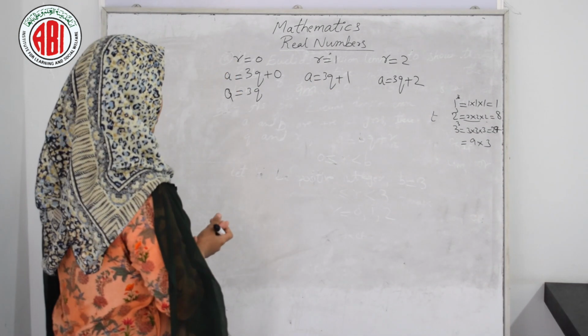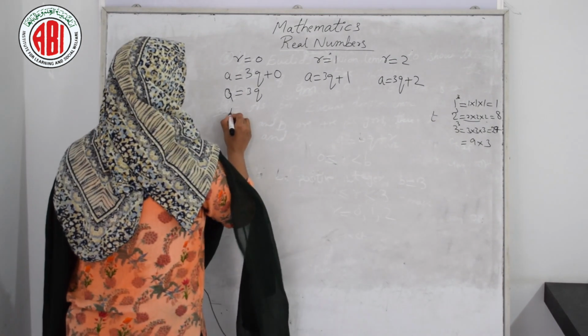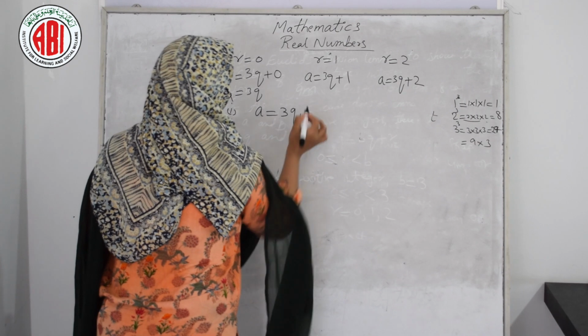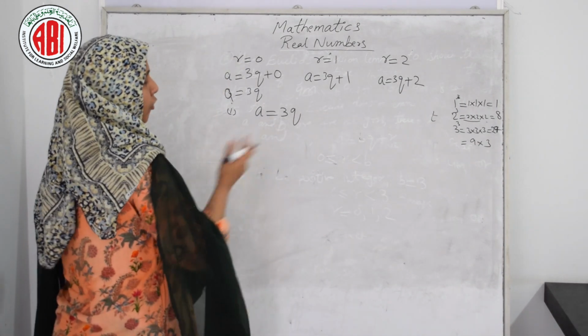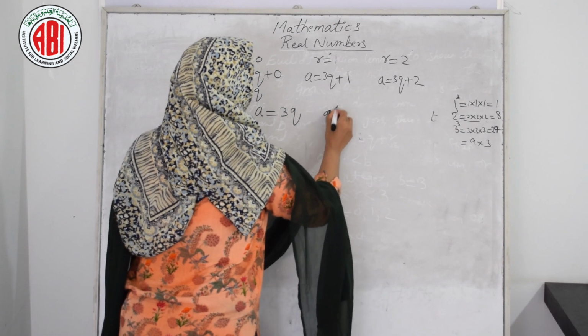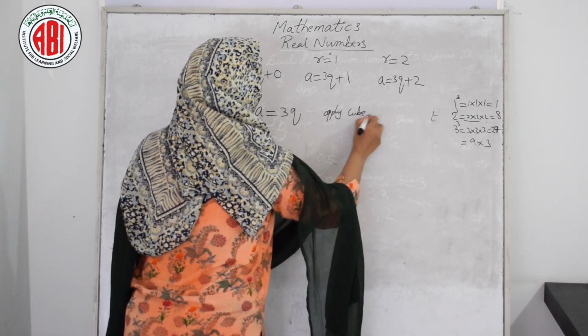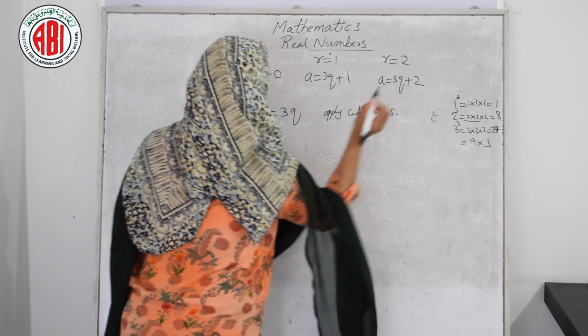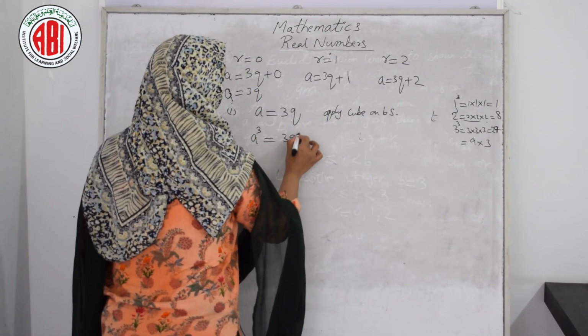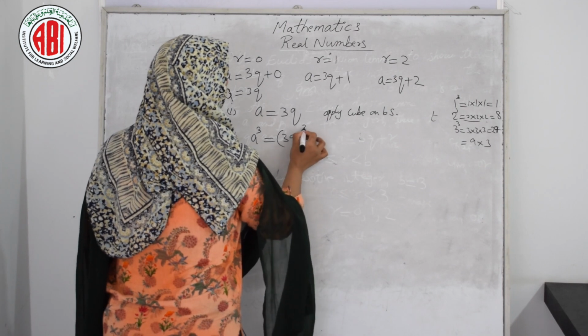We will do the first one, taking a is equal to 3q. Because it's a cubic question, apply cube on both the sides. That means a cube is equal to 3q whole cube.